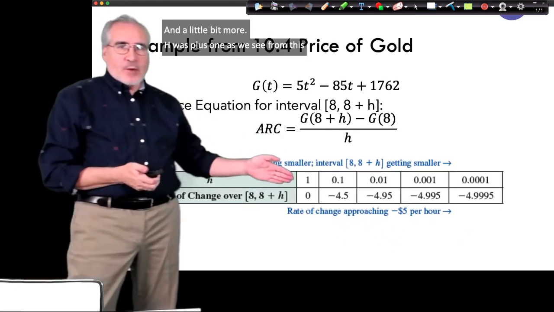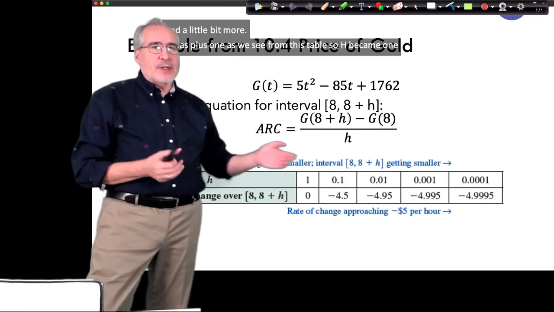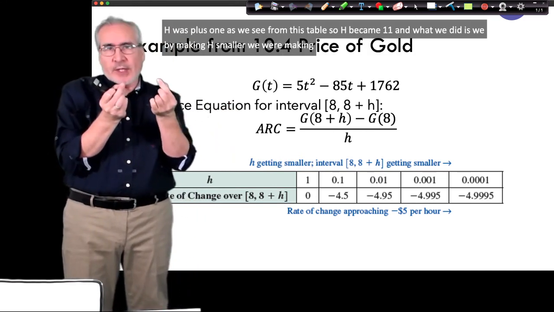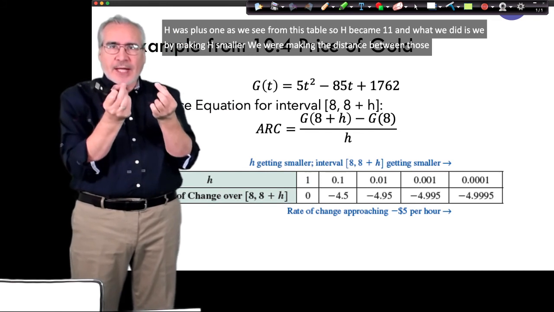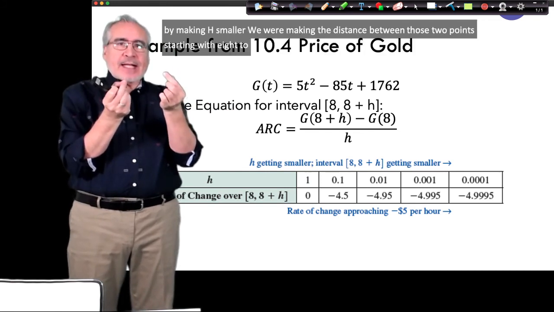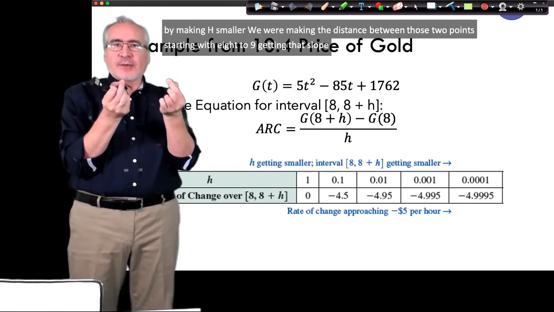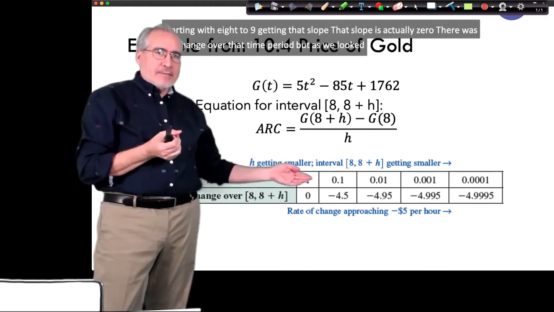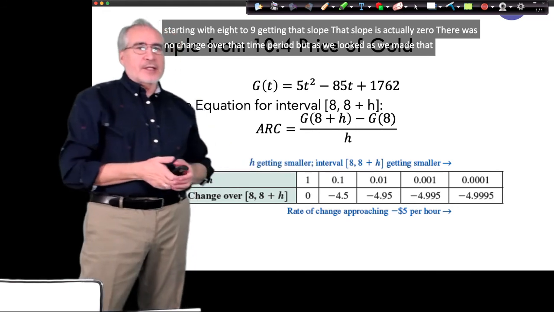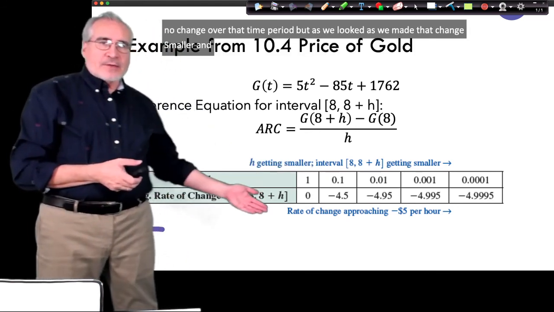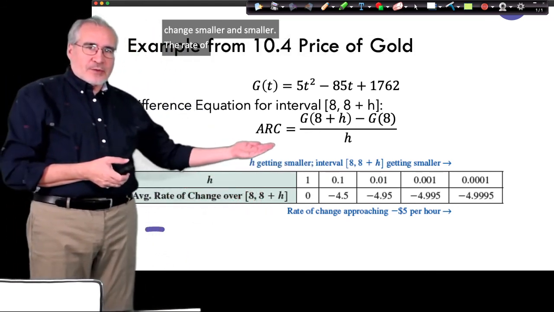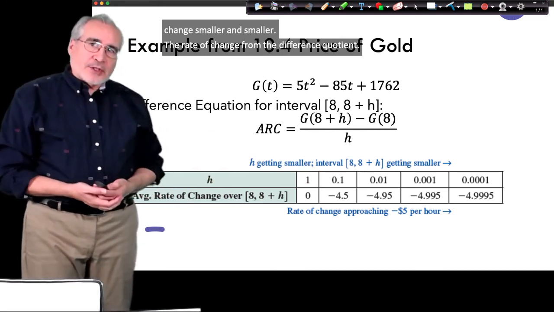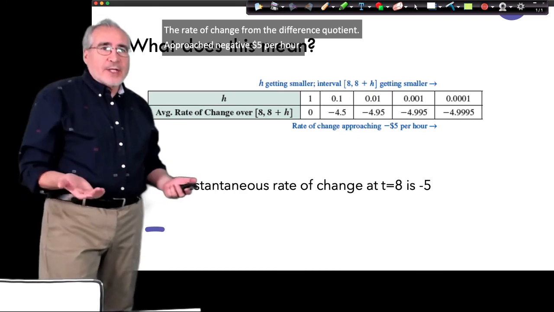So H became 1.1. And by making H smaller, we were making the distance between those 2 points, starting with 8 to 9, smaller. That slope was actually 0. There was no change over that time period. But as we made that change smaller and smaller, the rate of change from the difference quotient approached -$5 per hour. So what does that mean?